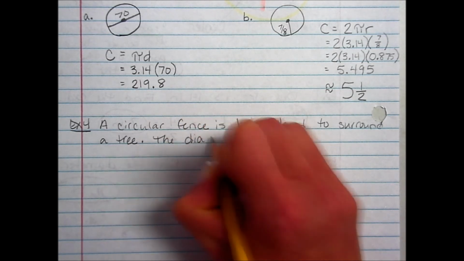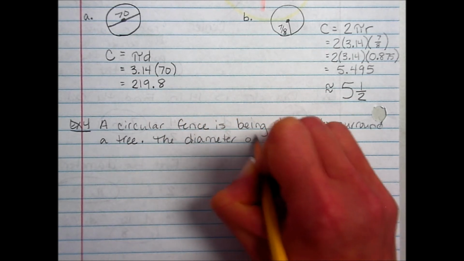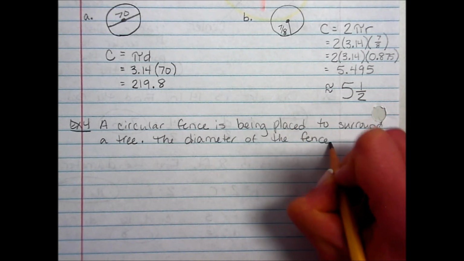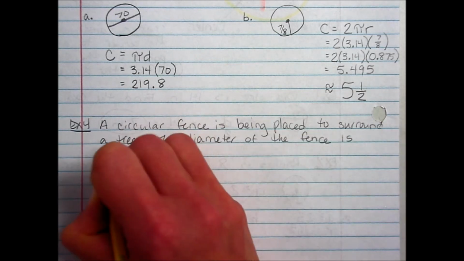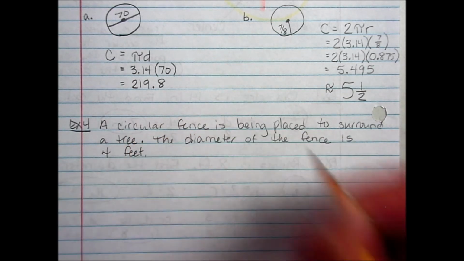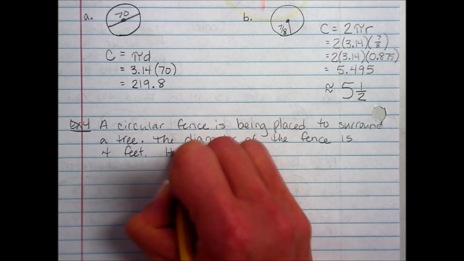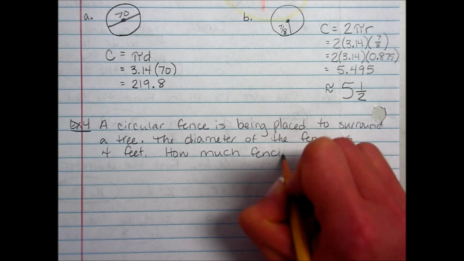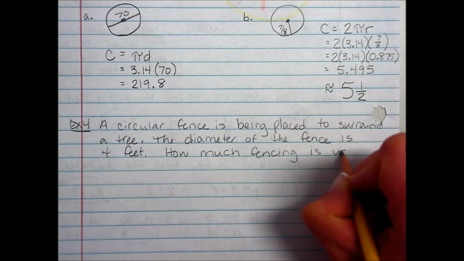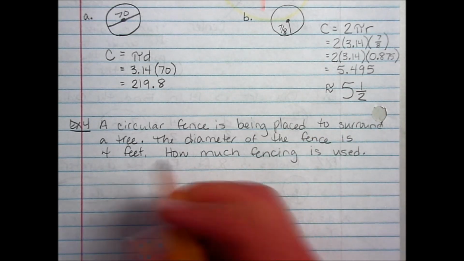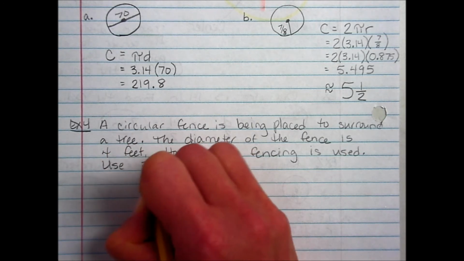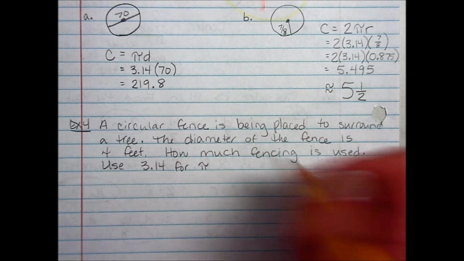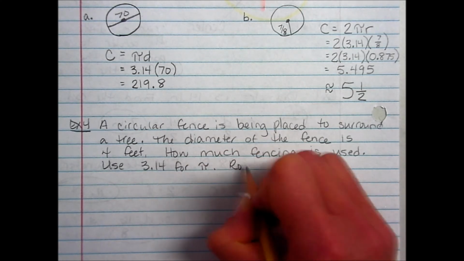The diameter of the fence is 4 feet. How much fencing is used? Use 3.14 for pi, which we need to automatically do. And we'll round to the nearest tenth.